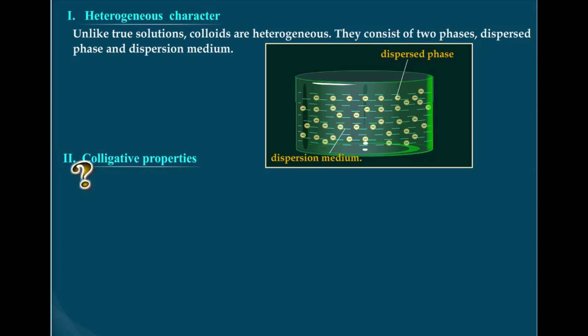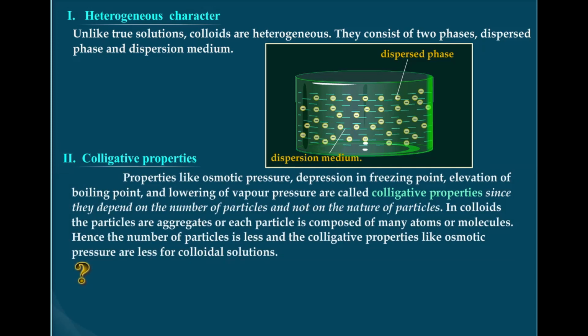The second one, colligative properties. Colloidal particles being bigger aggregates, the number of particles in colloidal solution is comparatively small as compared to the true solution. In true solution, the particles are smaller, so there are more number of particles, while in colloidal solution, the particles will be fewer because the particles are bigger.